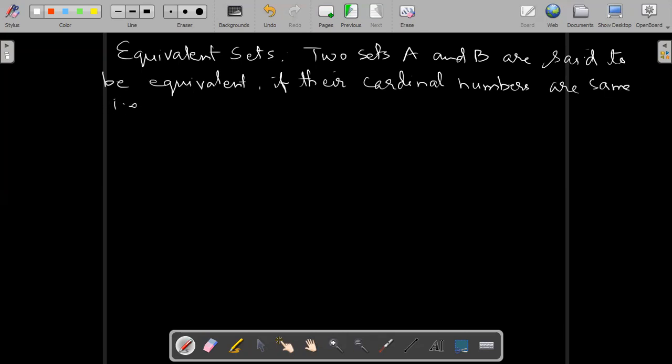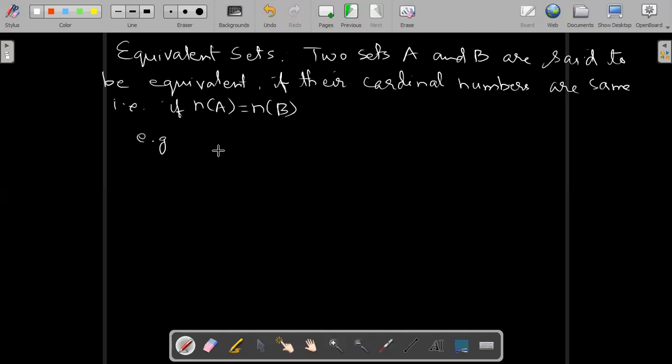That is, the number of elements in set A will be equal to the number of elements in set B.